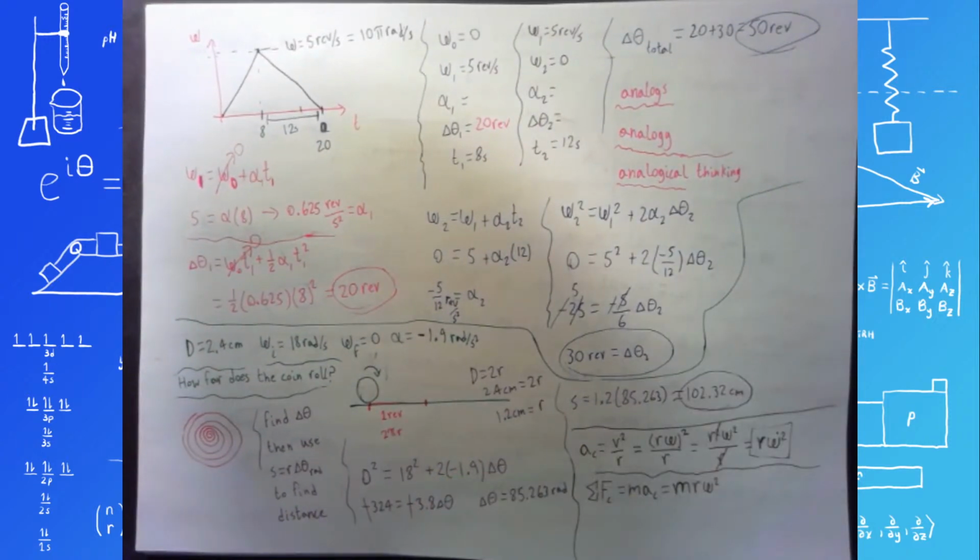So let me get a fresh new sheet of paper. And let me see if I even have a problem in this book that has accelerated circular motion. I might not.